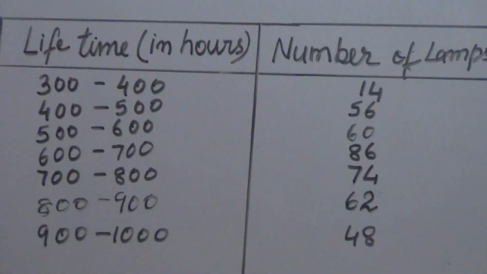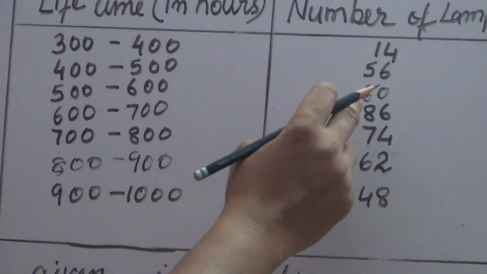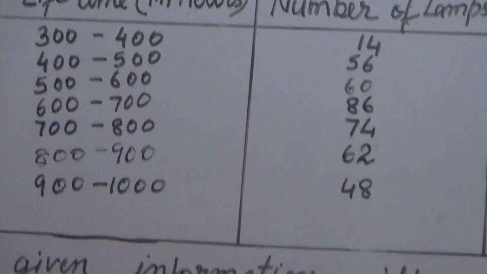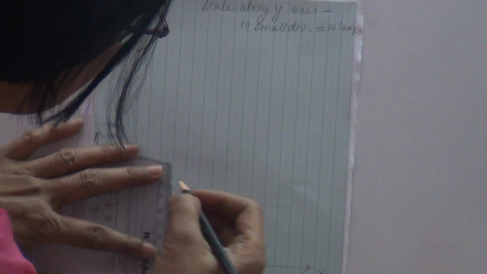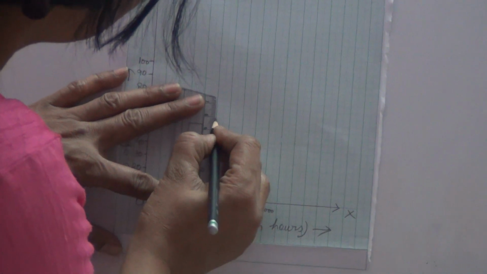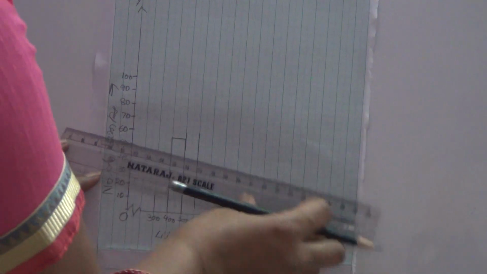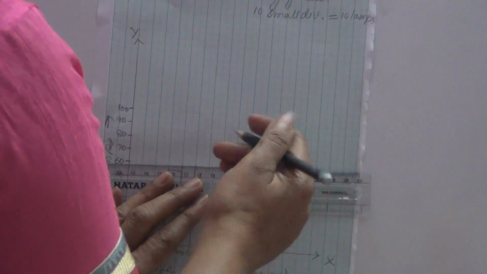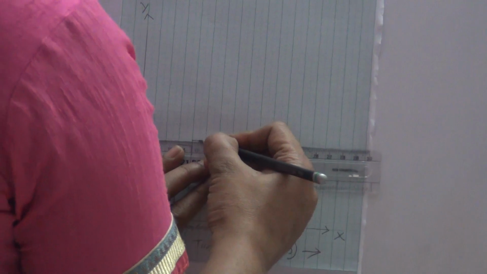Now 500 to 600, number of lamps is 60. Marking 60 is easy. See here it is 60, so we are extending the same line till 60, between this class interval 500 to 600. Now this mark is up to 60.